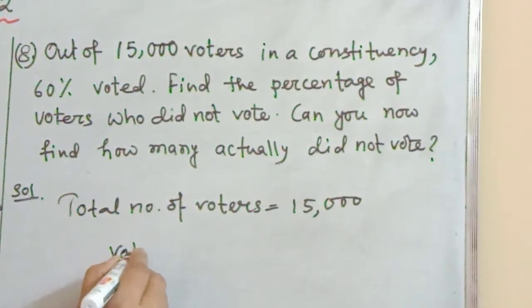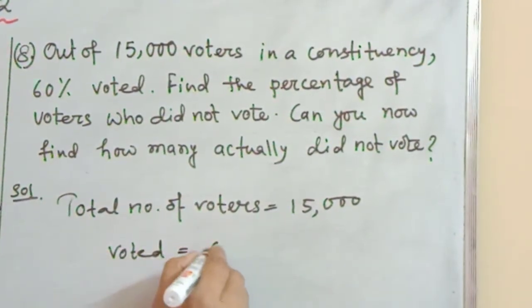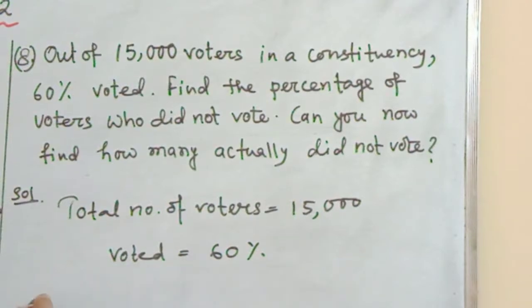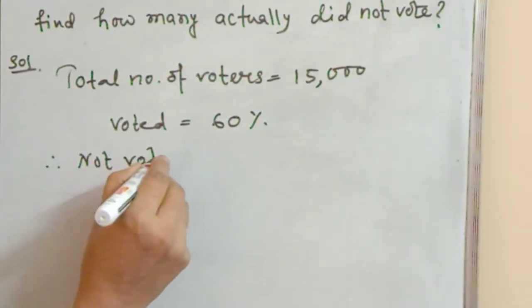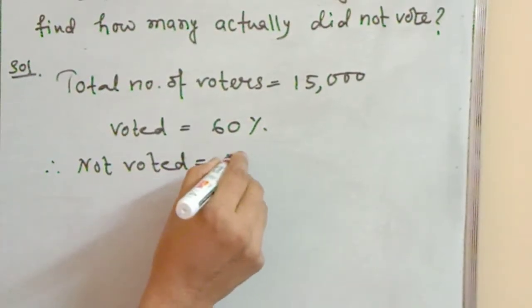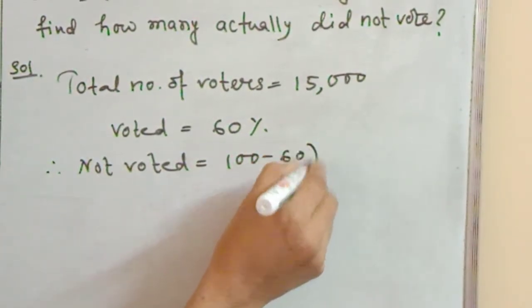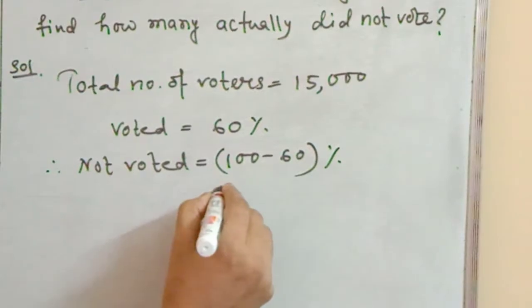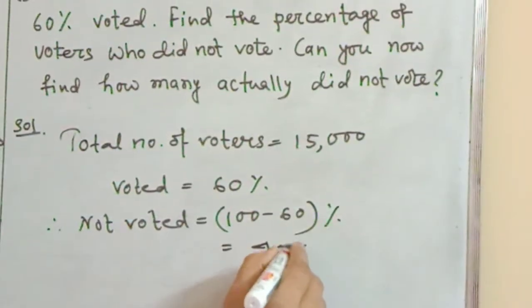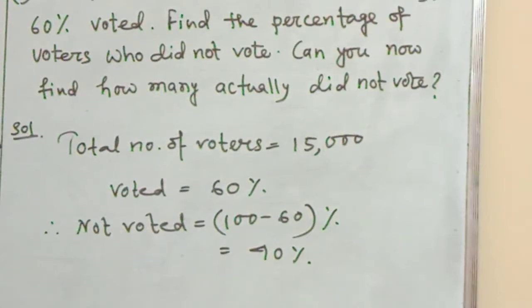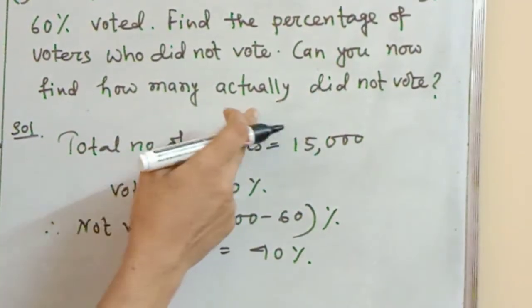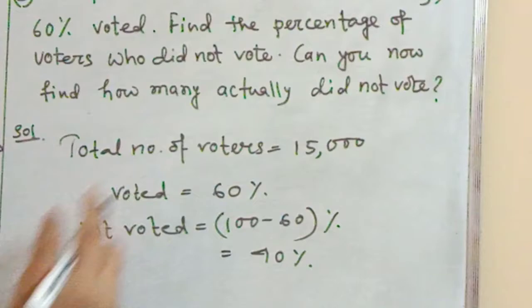Voted 60%. Therefore, not voted is 100 minus 60%, that is 40%. So 40% of voters did not vote.